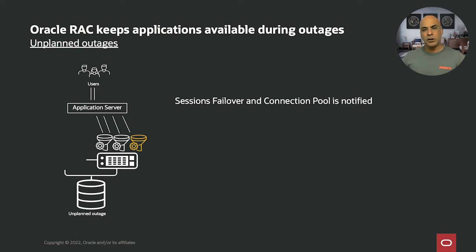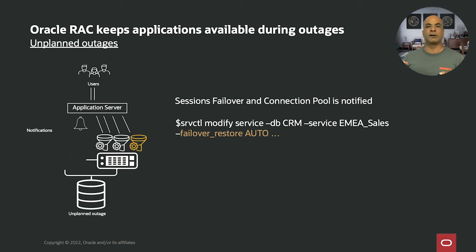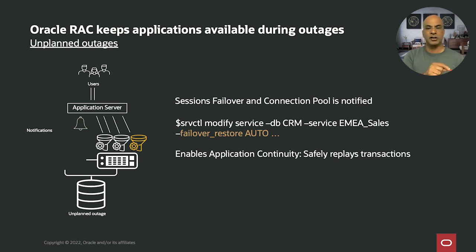Well, the good news is you can benefit from an Oracle RAC feature called Oracle Application Continuity by just doing this. You run srvctl modify service and make sure you enable failover restore auto. What this does is track what we call the state information and safely replay those transactions once it fails over.